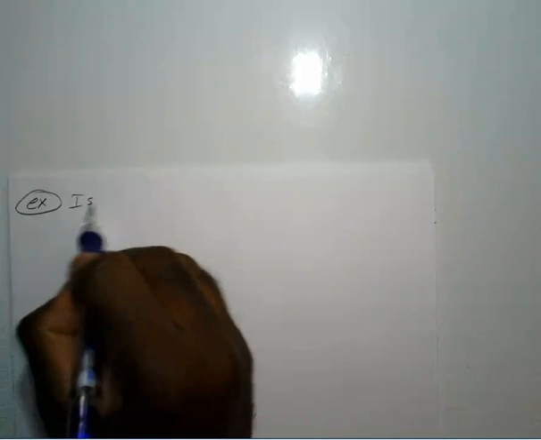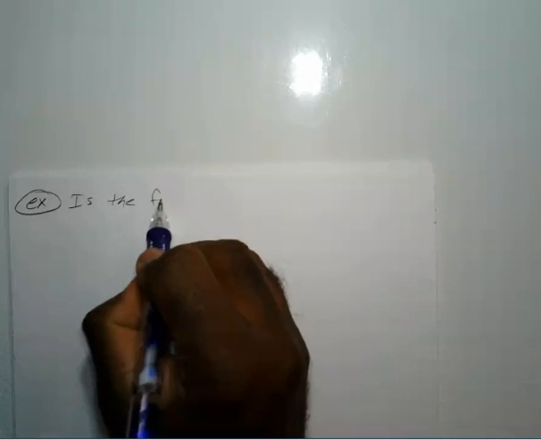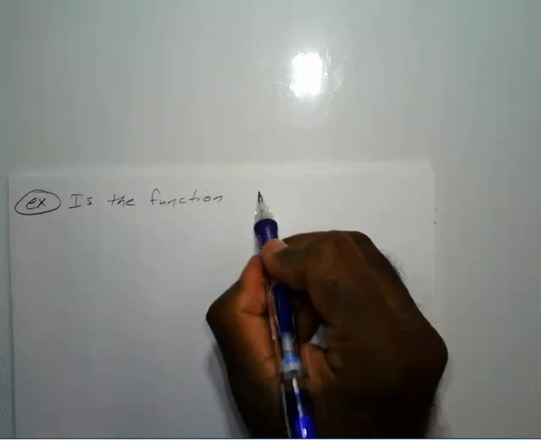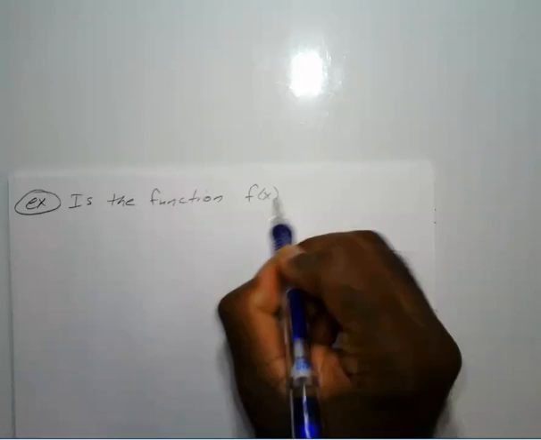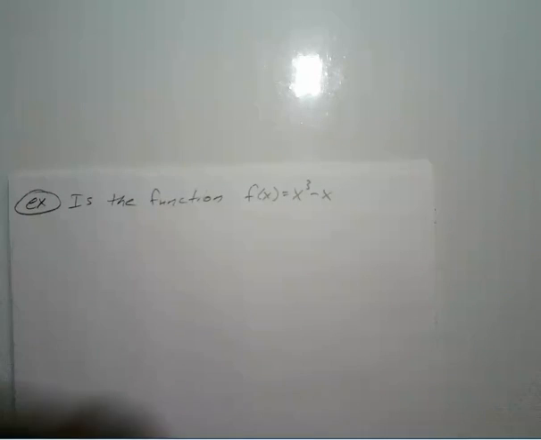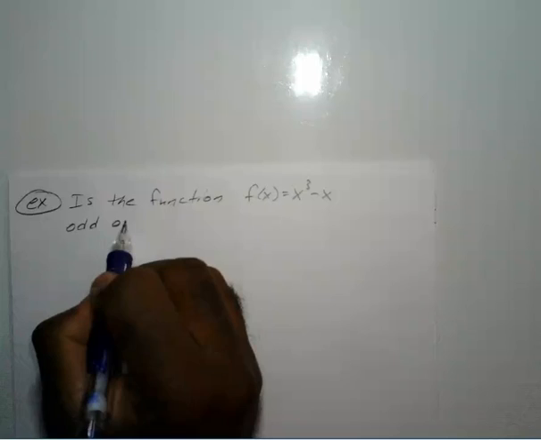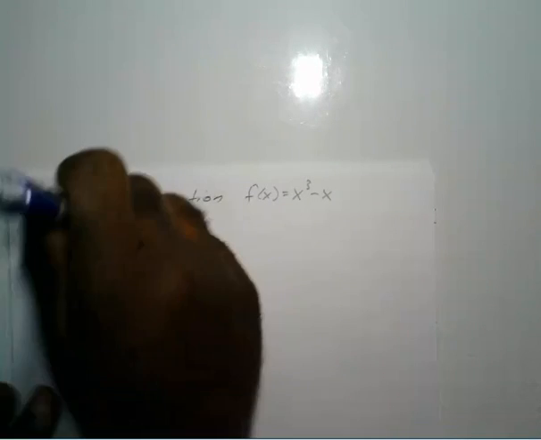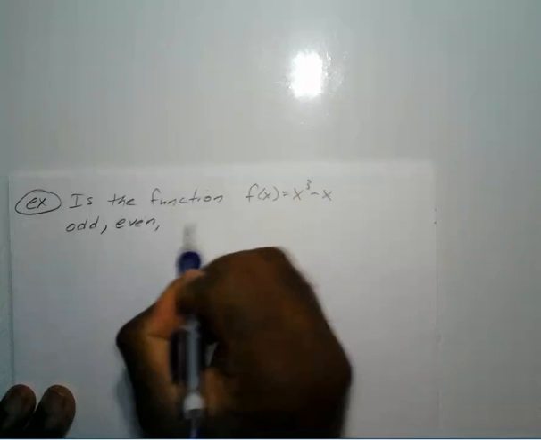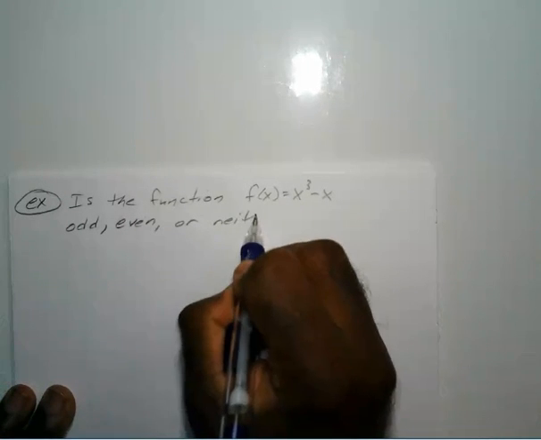All right, so for our first example, let's say is the function f of x equals x to the third minus x, odd, even, or neither.